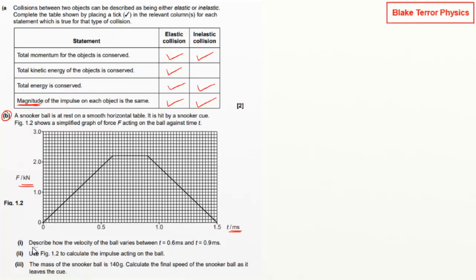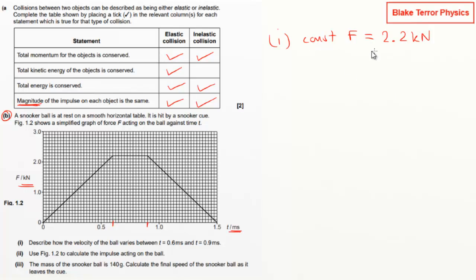Describe how the velocity of the ball varies between t equals 0.6 and 0.9 milliseconds. Right, these lines are making my eyes go funny, but I think that's the flat bit. We measure from here to here, which does look like 5, 6, 7, 8, 9. Yeah, so that is the flat bit. So in this portion of the graph, we've got a constant force, constant F, equal to, the line's at 2.2, I think that is 2.2 kilonewtons.